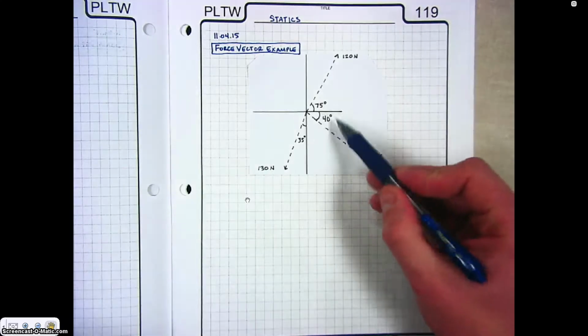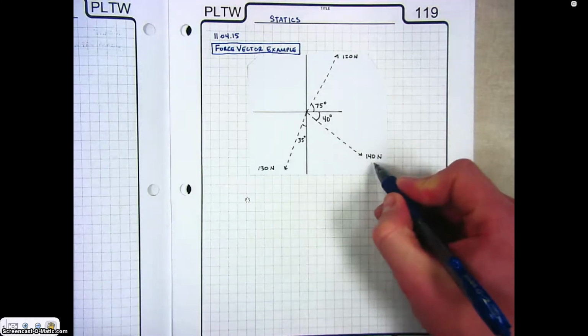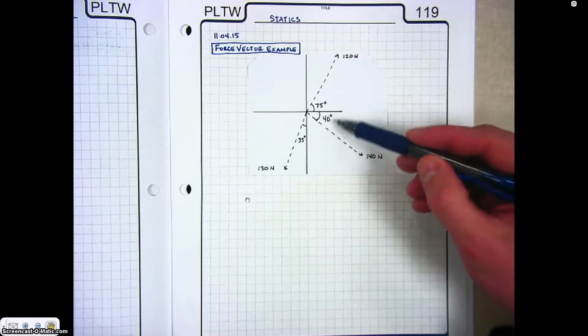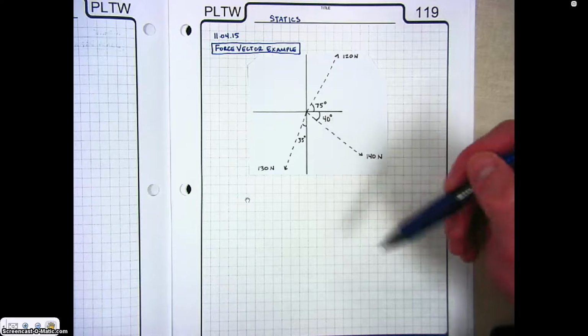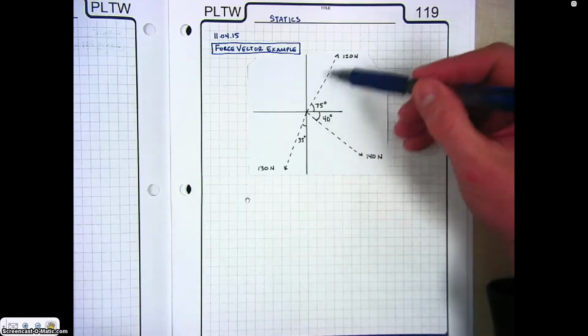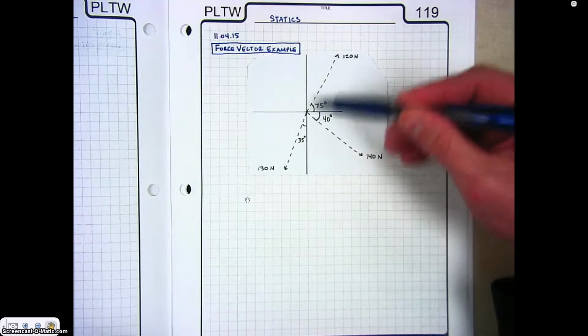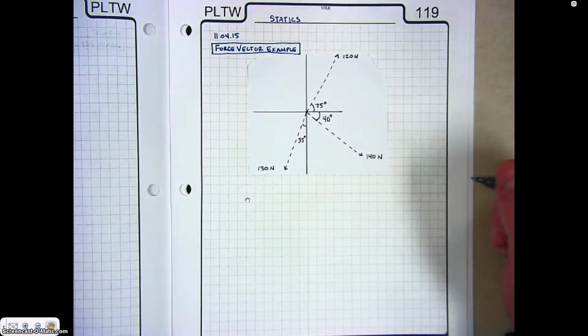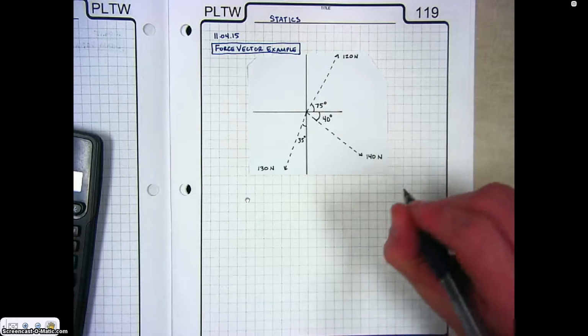And finally, person C can pull at 140 newtons, and they're pulling 40 degrees in the fourth quadrant from the x-axis. What we're deciding is who would win this tug-of-war contest, person A, person B, or person C. So that's the reason we're doing this calculation.